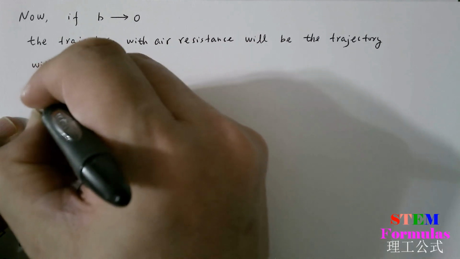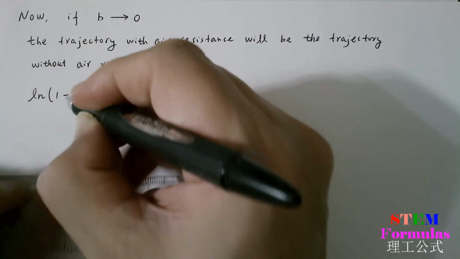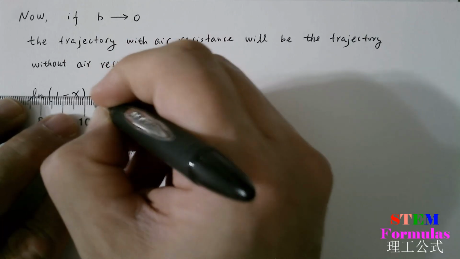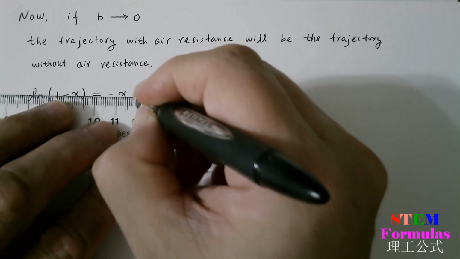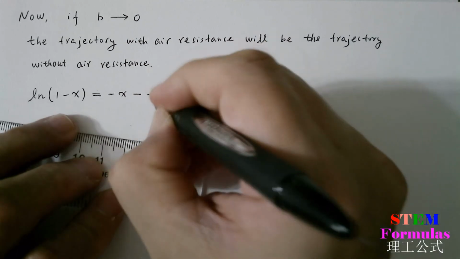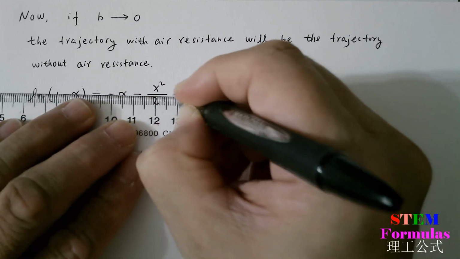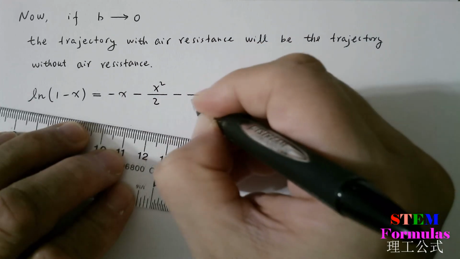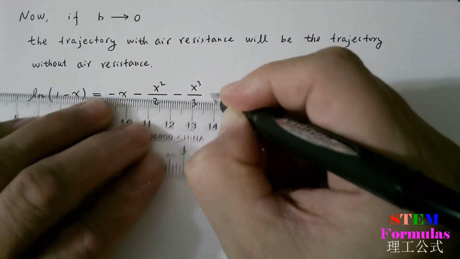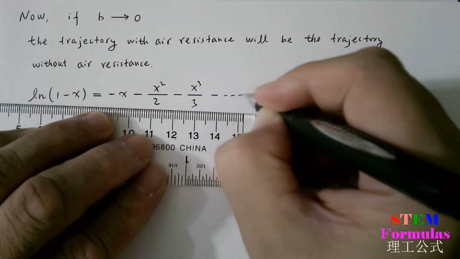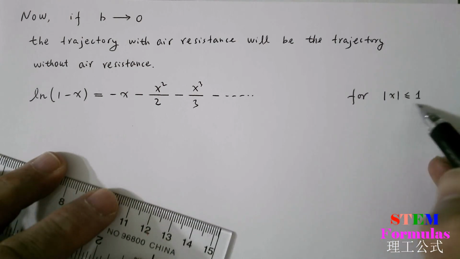Consider logarithm 1 minus x equal minus x minus x squared over 2 minus x cubed over 3, for the absolute value of x smaller or equal than 1.